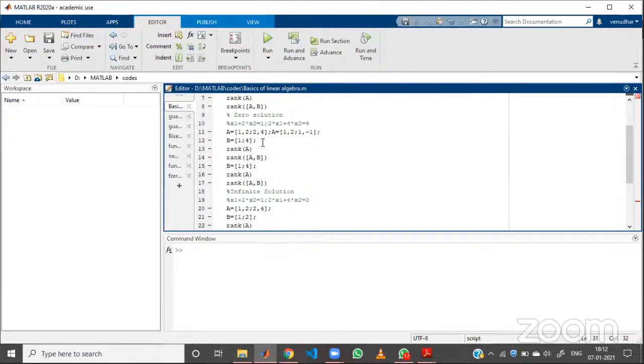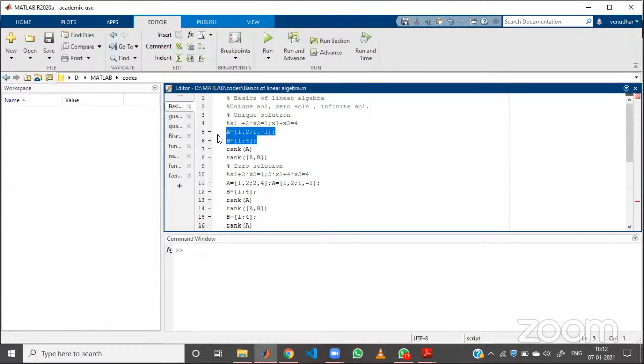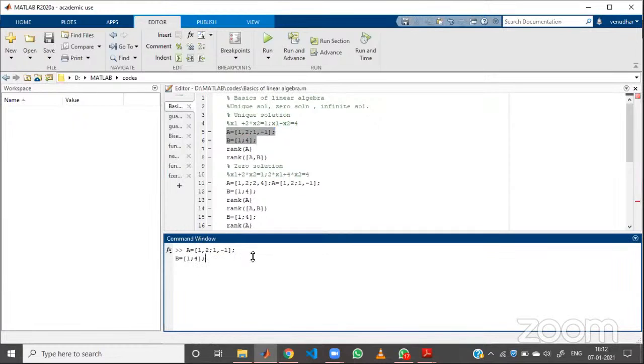So let me move to the first equation in which we got the unique solution. What was the matrix here? We had A and B matrix like this.